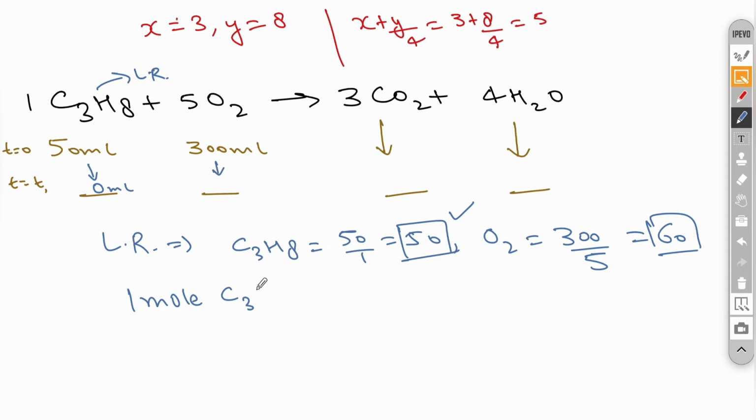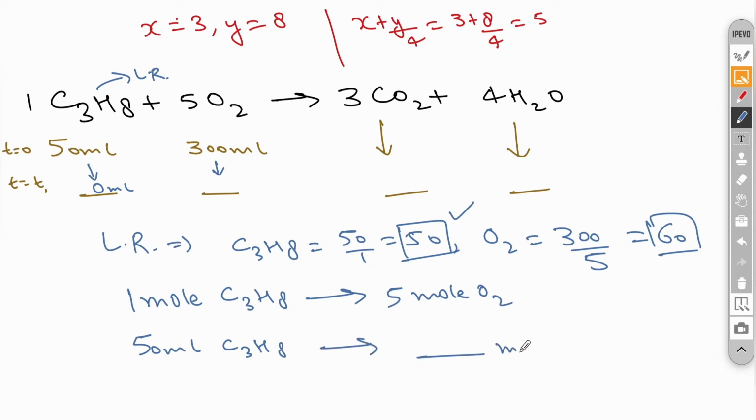Also 1 mole of C3H8 reacts with 5 moles of O2, right? So 50 milliliters of C3H8 will react with how much volume of O2? It will be simply 5 multiplied by 50.